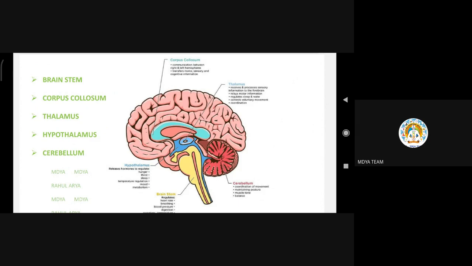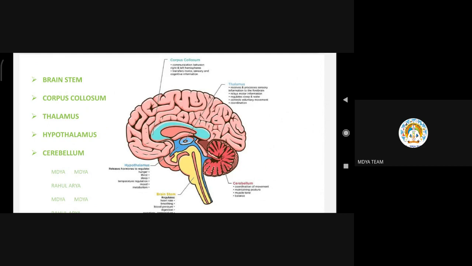It is depicted in sea green color, and below it is part of midbrain. And you can see here blue colored hypothalamus, and in between that hypothalamus, thalamus is present.